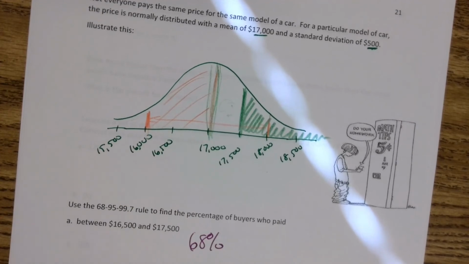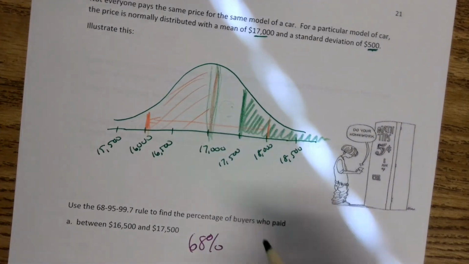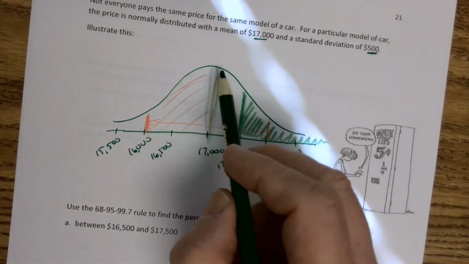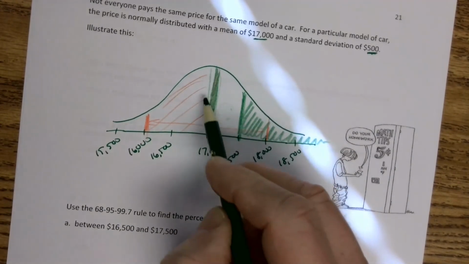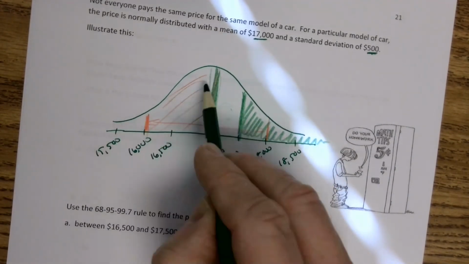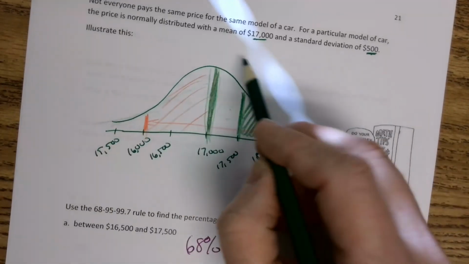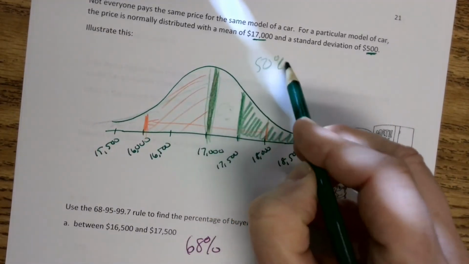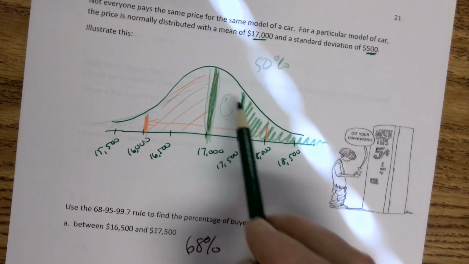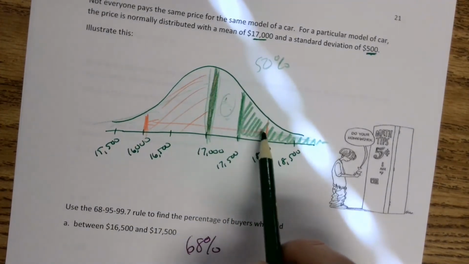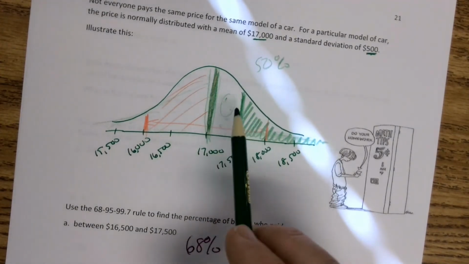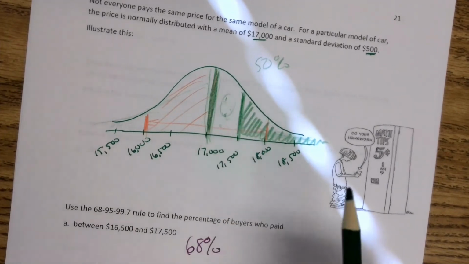I know from this line to the left is 50% over here. Okay, so I'm left with 50%. So this section right here, what I'm actually interested in, is 50%. So what is this little area right here? That right there?